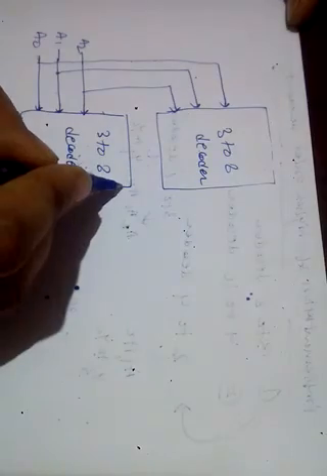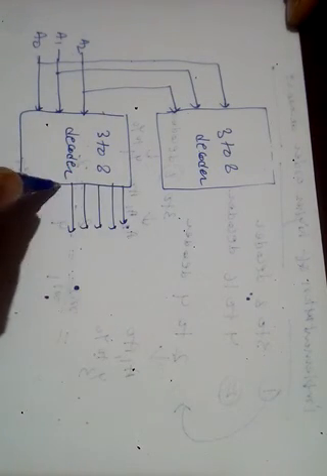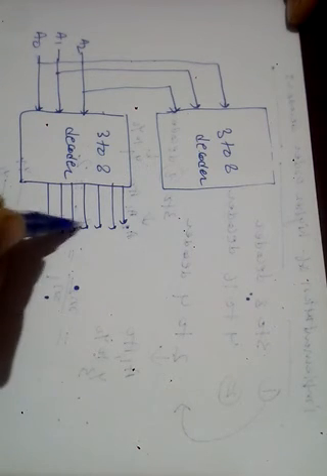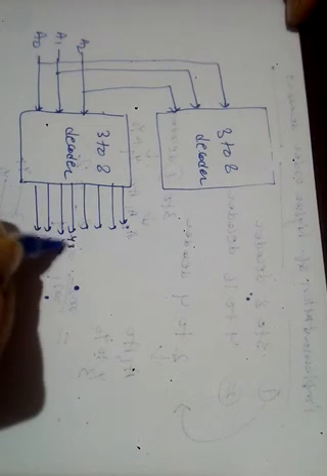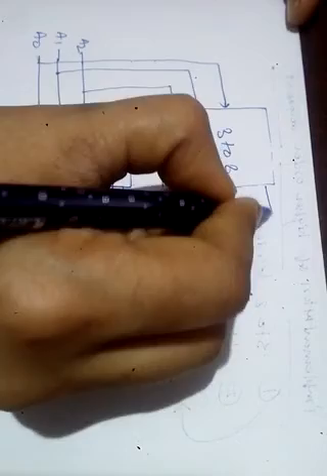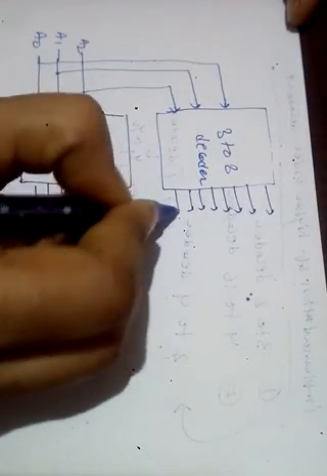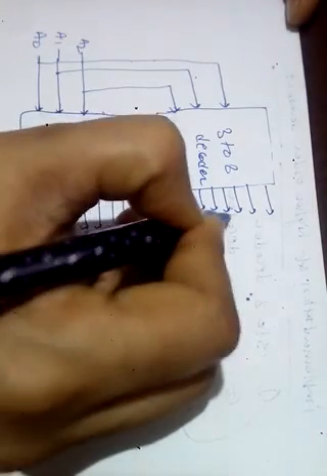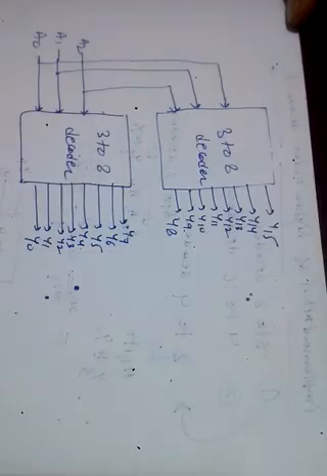This one has 8 outputs, Y0, Y1, Y2, Y3, Y4, Y5, Y6 and Y7, and the other also has 8 outputs, that is Y8, Y9, Y10, Y11, Y12, Y13, Y14 and Y15.